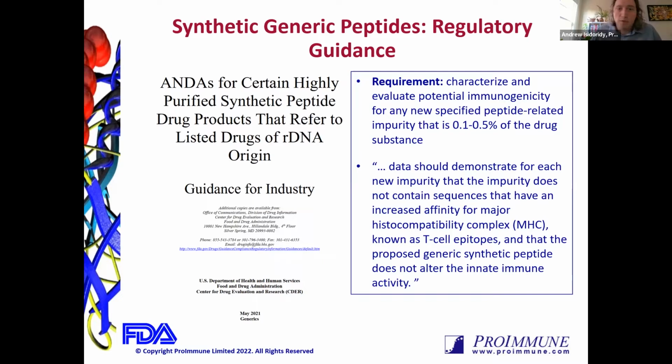A quote from this: data should demonstrate for each new impurity that the impurity does not contain sequences that have an increased affinity for major histocompatibility complex, MHC, known as T cell epitopes, and that the proposed generic synthetic peptide does not alter the innate immune activity.